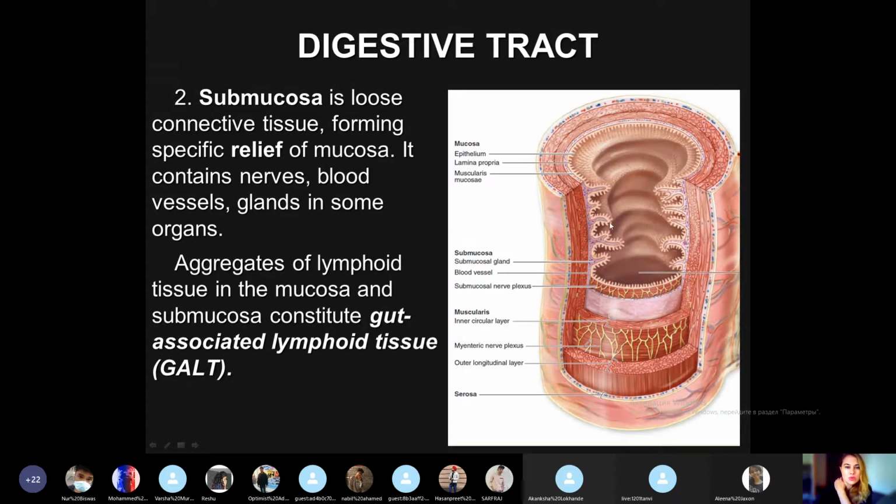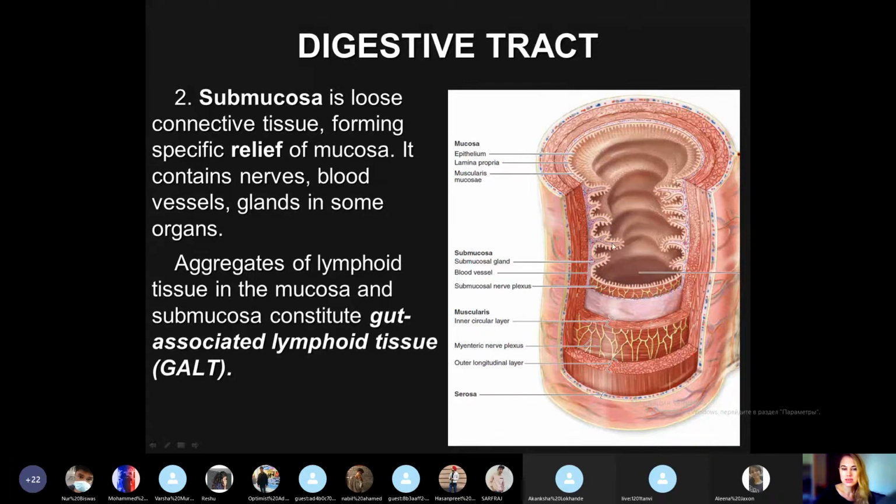What does it mean? If we look at the lumen of the digestive tube, we will see foldings or projections of the tunica mucosa. This is a result of the growth of the submucosa towards the mucosa.